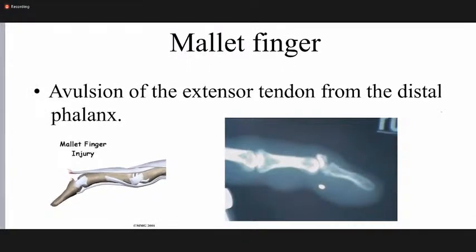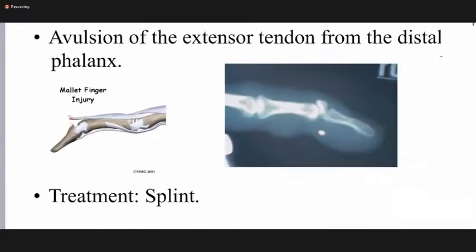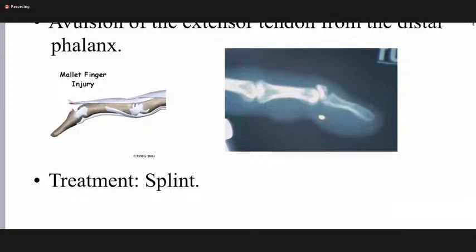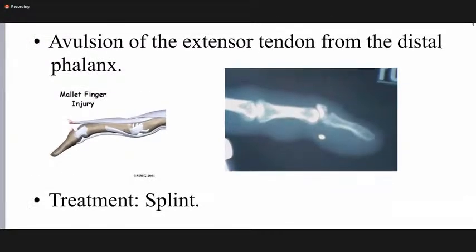Mallet finger refers to a injury where the diagram shows clearly that this extensor tendon, which attaches to the base of the distal phalanx, has pulled out or avulsed, with a bone fragment or no bone. Usually treatment is to splint for 6 weeks in extension so that it heals. If that fails, there's an option of doing ORIF.